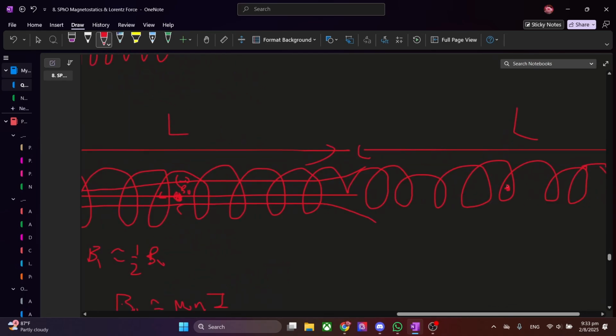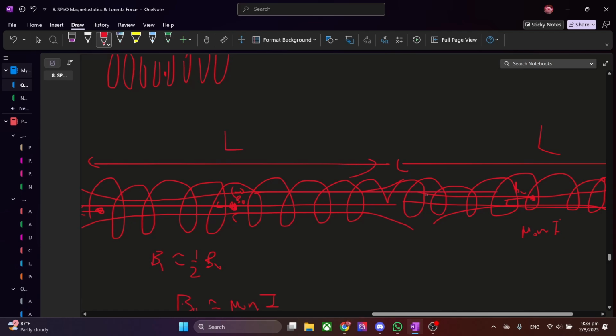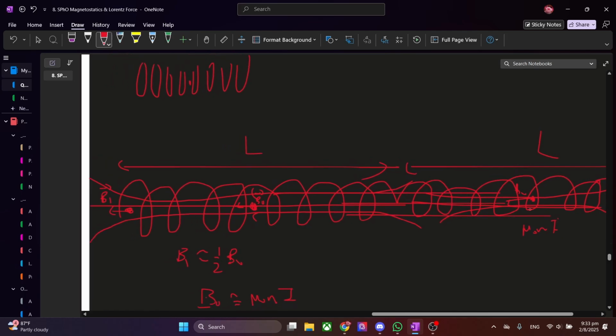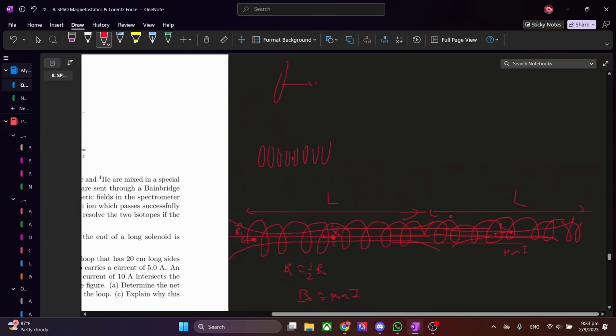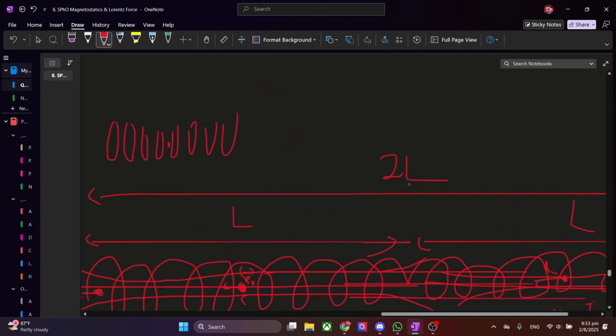And we also know that the magnetic field B0 here is also mu naught n I, but anyway, it doesn't really matter too much. So it also has its own magnetic field, something like this. When we combine the two together, your magnetic field lines are gonna become straight again in the middle, right? And now you have a twice as long solenoid, length 2L, right?